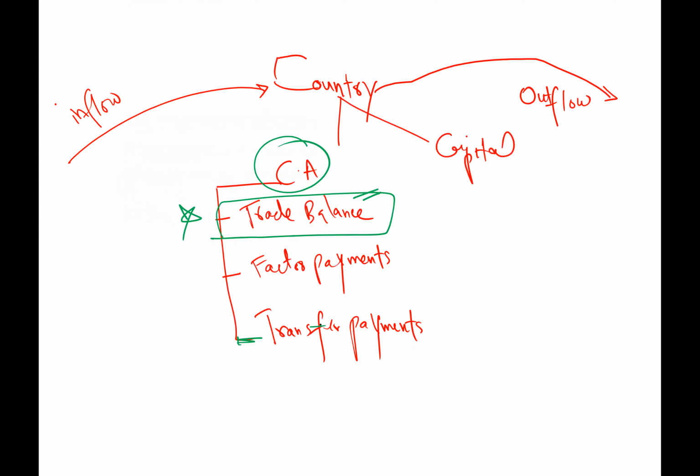The amount is not that heavy. It's a very small portion, maybe 1 or 2% of the total current account. So the major part is balance of trade. So how do we measure the balance of trade?